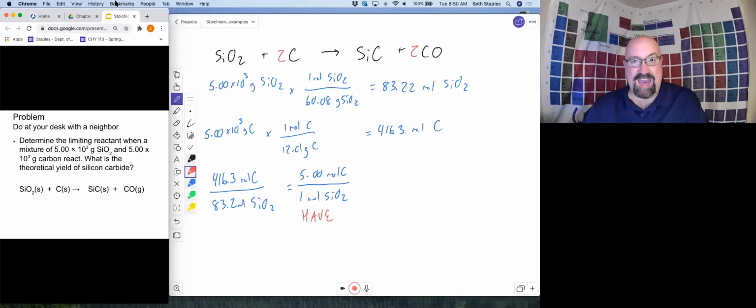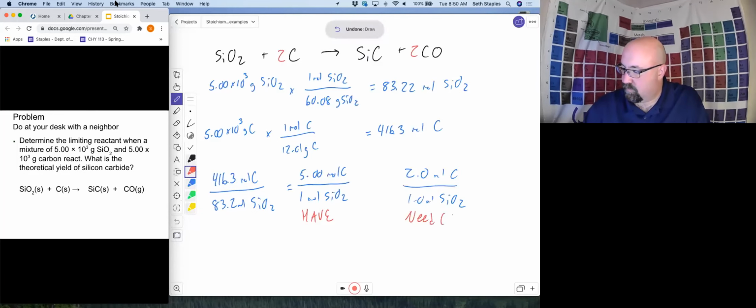We can go back and look at our balanced chemical equation to see that what I need is 2 moles of carbon to every 1 mole of SiO2. That's how much I actually need, and I just got that from my balanced chemical equation.